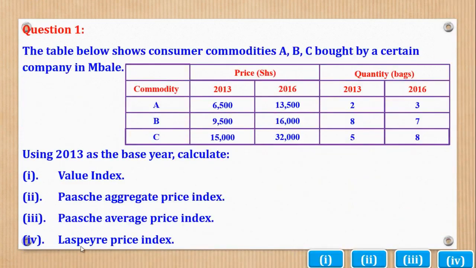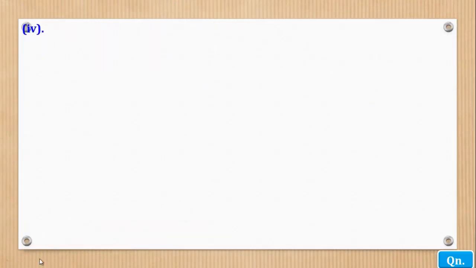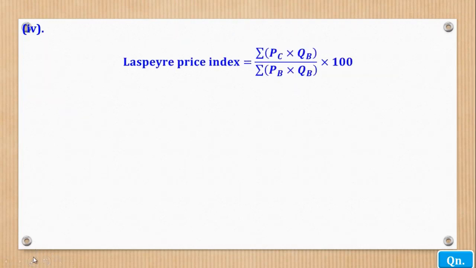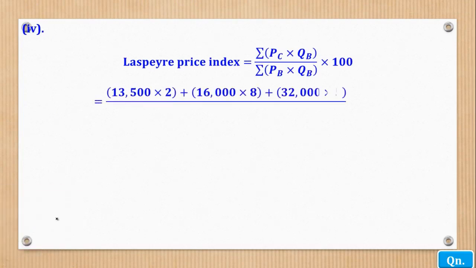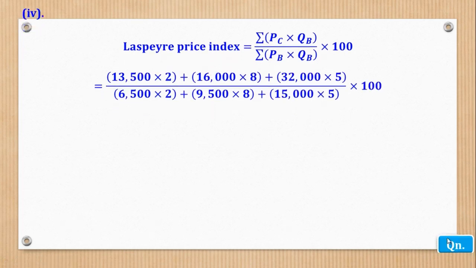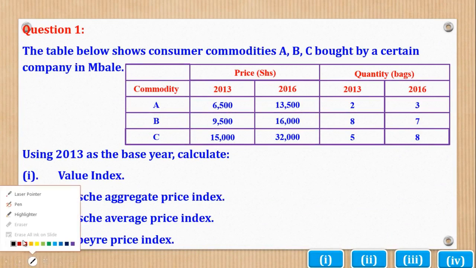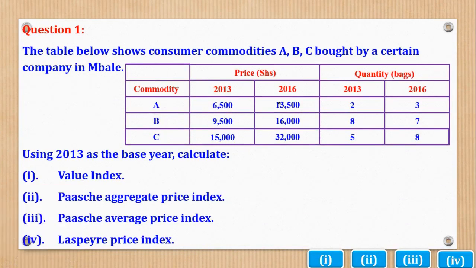What about Roman 4? For Roman 4, they wanted the Laspeyres price index. For Laspeyres, we use base quantities. Therefore, we shall come here and quote the formula. Then we shall substitute. For the numerator, we are going to use PC Q B. So this times this times this times this.